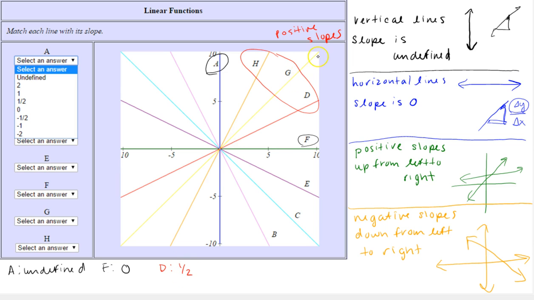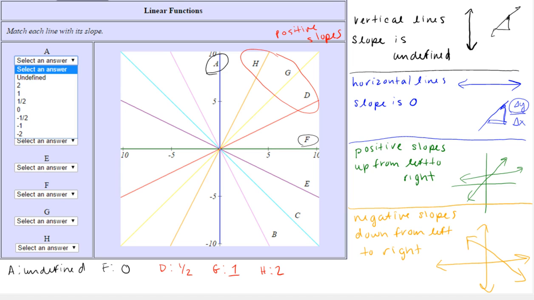Line G is the second smallest, or in between H and D, of the positive slopes, so it has a slope of 1. And line H is the steepest positive slope, so it is a slope of 2.